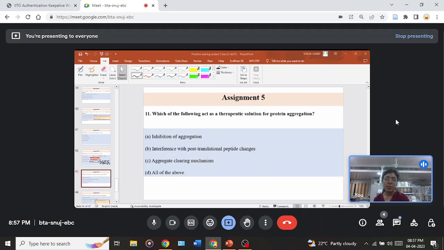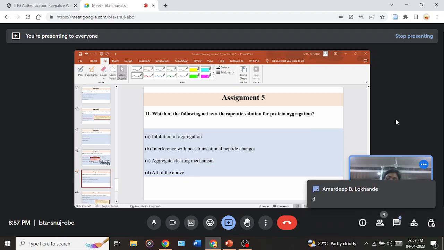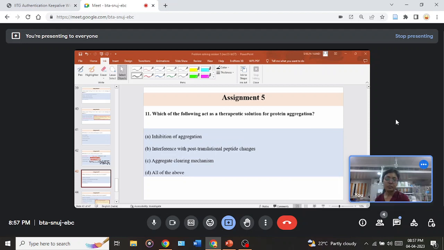Herein you have options: A is inhibition of aggregation, B is interference with post-translational peptide changes, C is aggregate clearing mechanism, and D is all of the above. I have already got the answer from Amardeep, as he says the answer is D, that is all of the above. Okay, we will try to see why it is D.